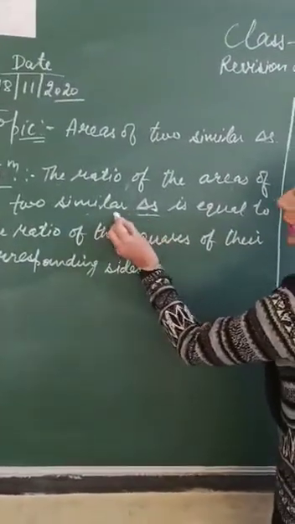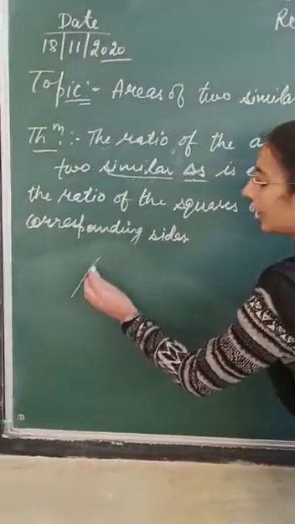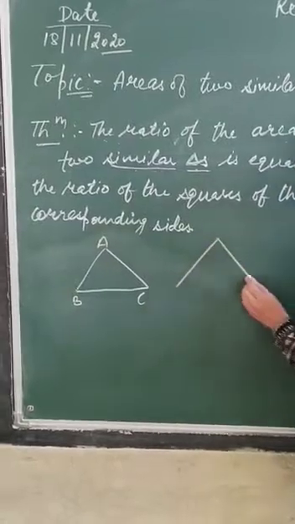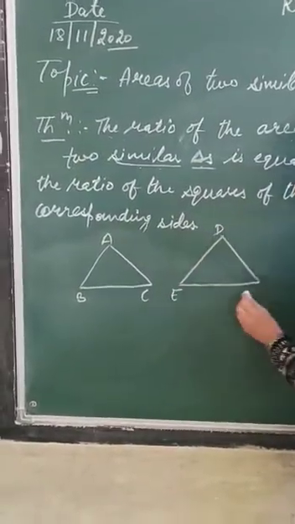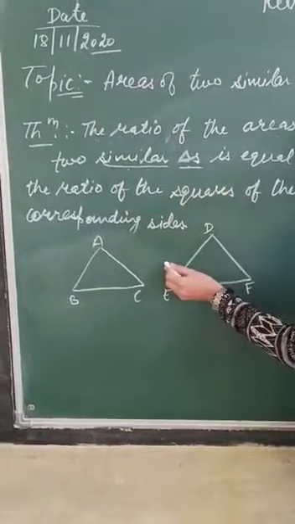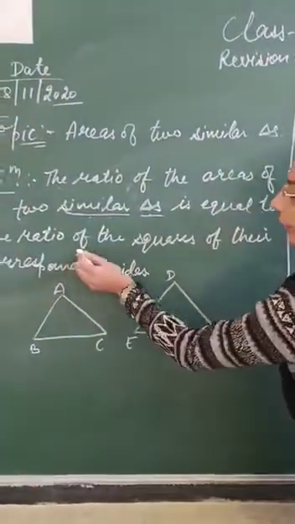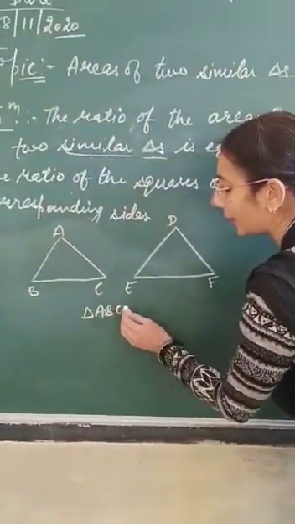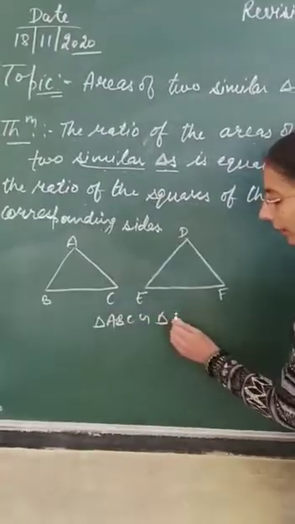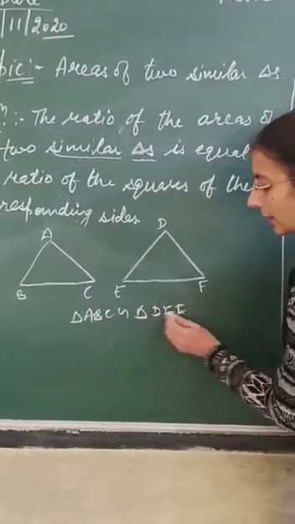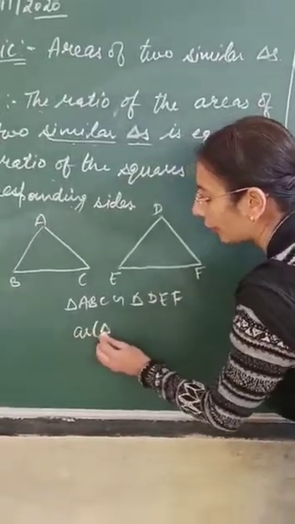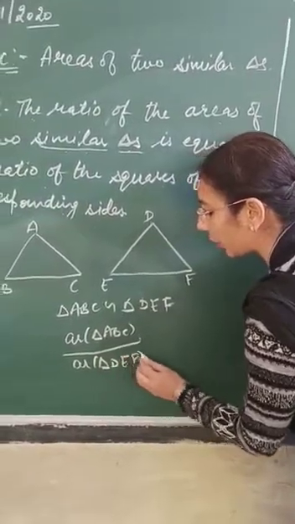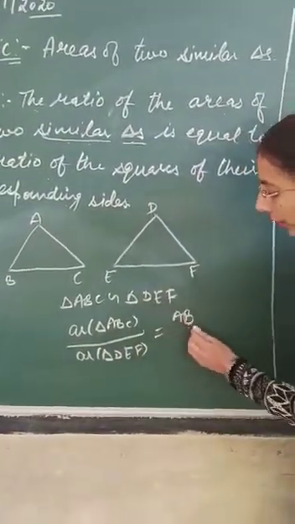We take two triangles which are already similar. Suppose we have triangle ABC and another triangle DEF, and these two triangles are similar. Then the ratio of their areas is equal to the ratio of the squares of the corresponding sides. That is, whenever the triangles are similar, ABC similar to DEF, then area of triangle ABC upon area of triangle DEF is equal to the ratio of the squares of the corresponding sides.